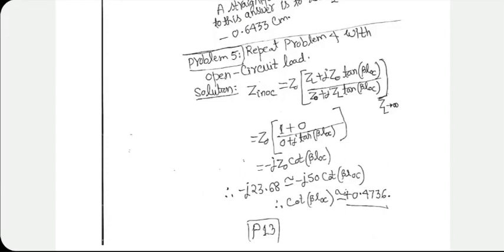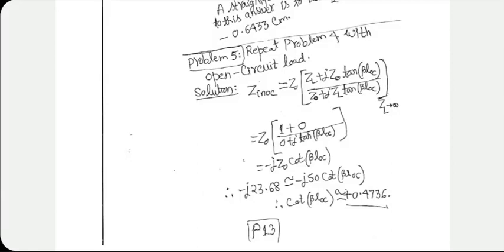In the formula for input impedance, I put ZL as tending to infinity. For that, I have to first divide numerator and denominator by ZL before I put the limit. So in the numerator, I get 1 plus J Z0 tan beta.